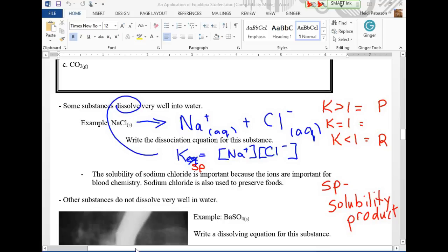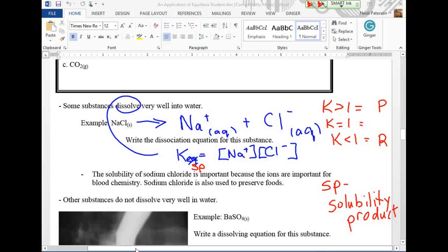And if K is 1, that means the product and the reactant happen at exactly the same concentrations. So we would expect that sodium chloride would have a K value greater than 1 because it dissolves fairly well into water.